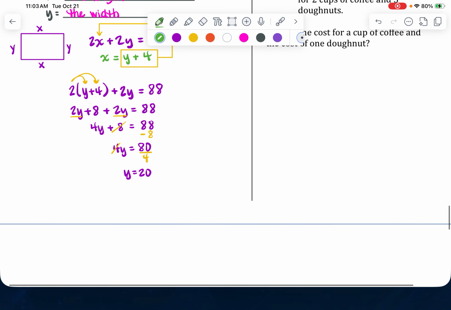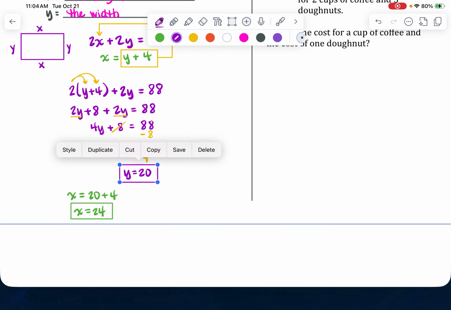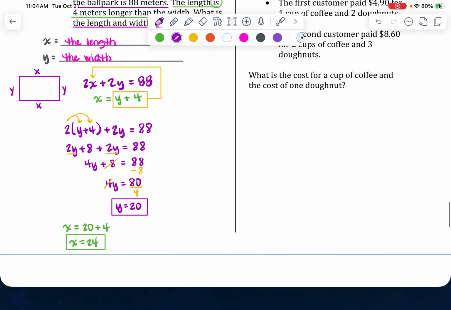And of course, I'm going to go back and solve for x by using my x equals equation. So x equals y plus 4, so x has to equal 24. And of course, before I write my final sentence here, I'm going to double check my answer. So yes, it does look like the length is 4 more than the width, 24.